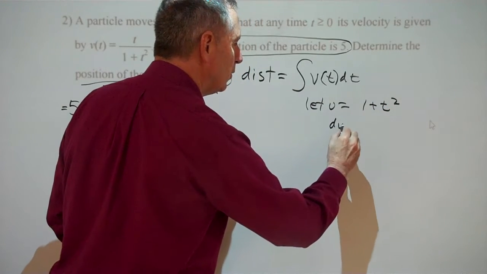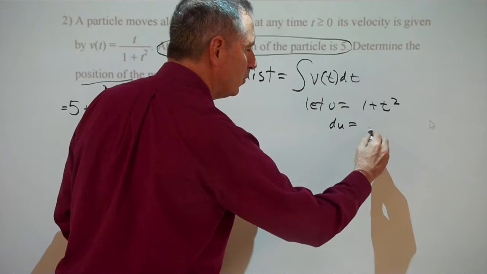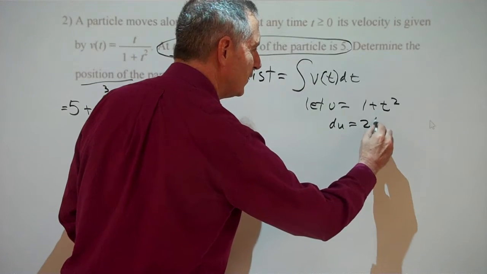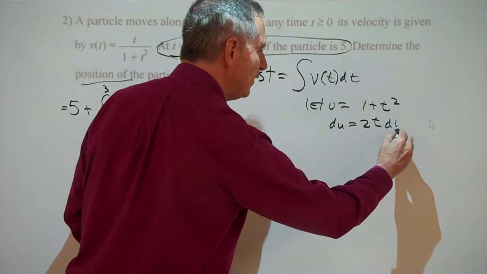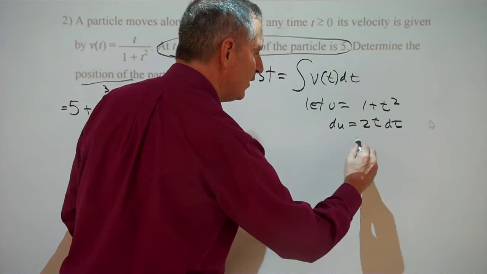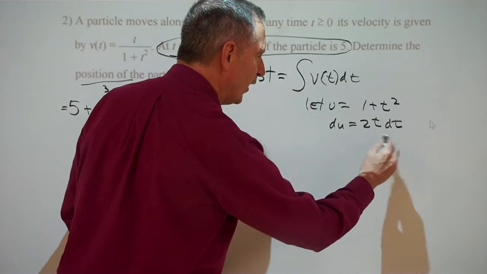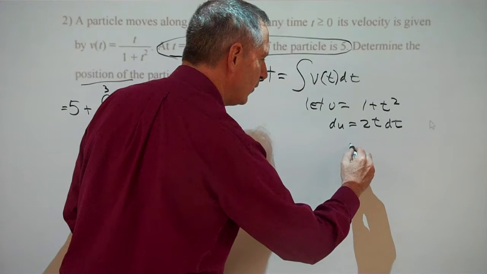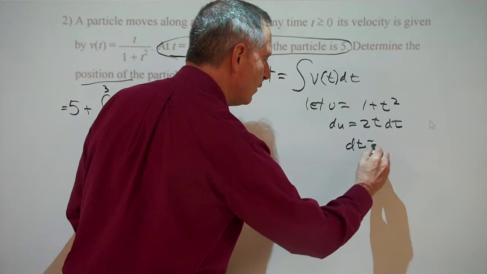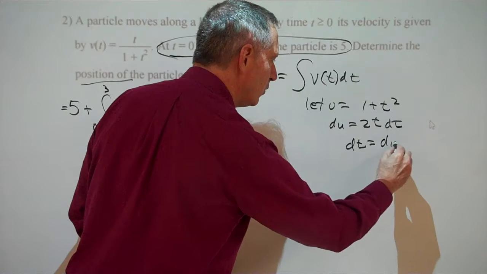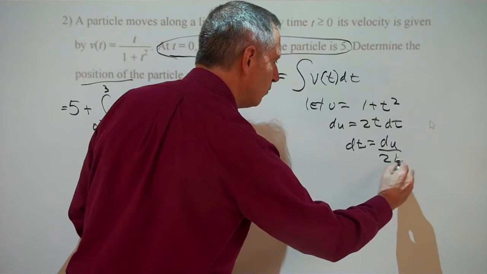So du is equal to 2t dt, and if we divide by 2t, dt is equal to du over 2t.